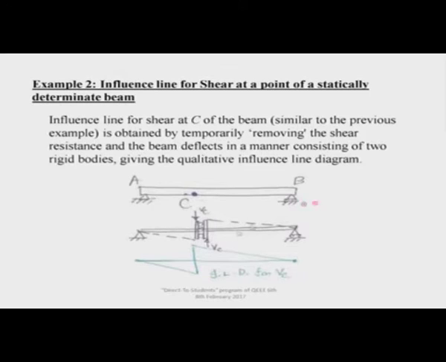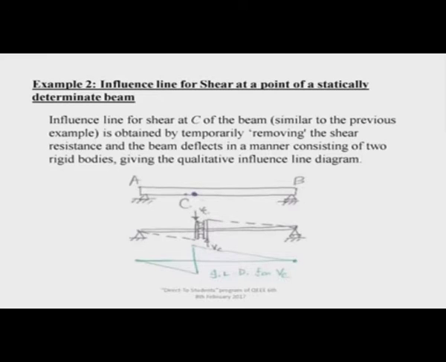Now, if I have to follow the Muller-Breslau principle, I have already applied it to the reaction of a beam, which was somewhat easier in terms of sign convention as well as in understanding the movement of the structural parts, how they displace when acted upon by forces.